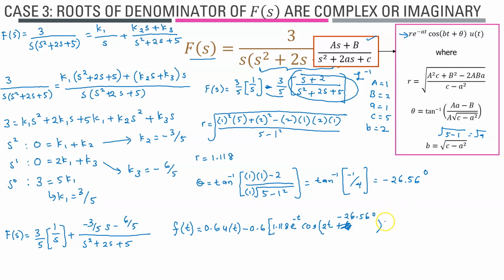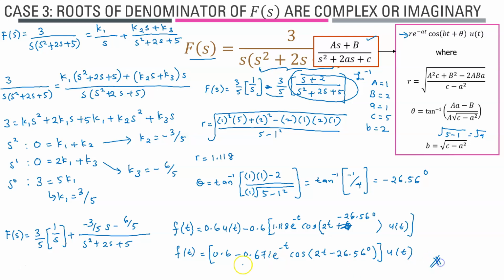u(t). So your f(t) equals 0.6 minus, if you multiply this, you get 0.671 e to the minus t cos(2t minus 26.56 degrees), the whole thing, u(t).